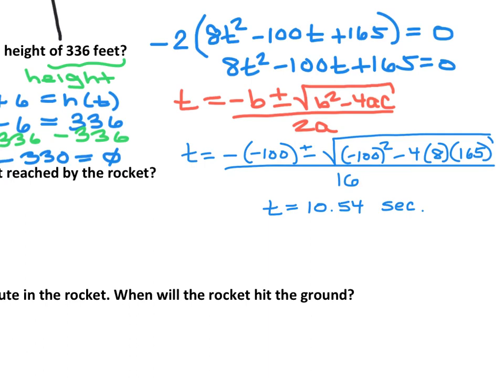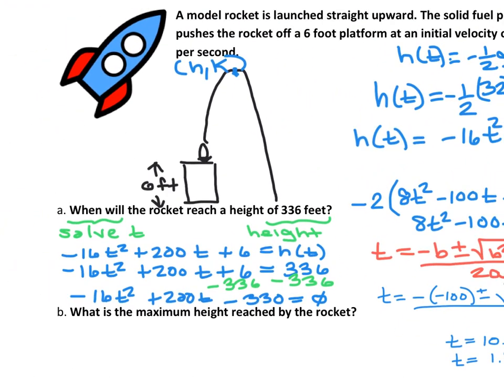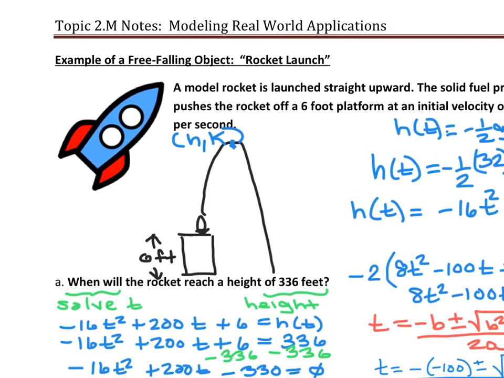But when you actually do the subtraction operation here, 100 minus this quantity divided by 16, then you're going to get another value for t, which if you plug that into your calculator, you will get t equals 1.96 seconds. Now, why do we have two answers? Well, at this height here of 336 feet, I don't know where that is, but I know it's below the vertex since I got two answers here.